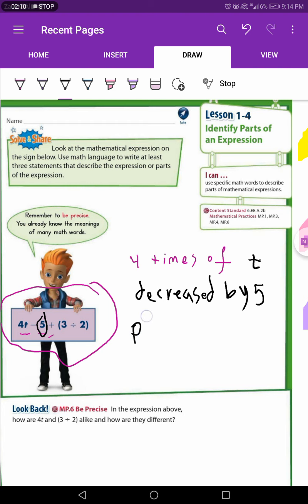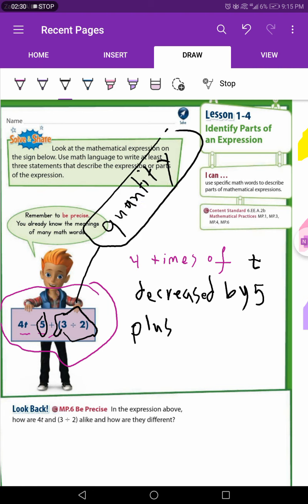Plus, we have two ways now. Plus, as we said before, the parentheses we can know it by this word quantity.